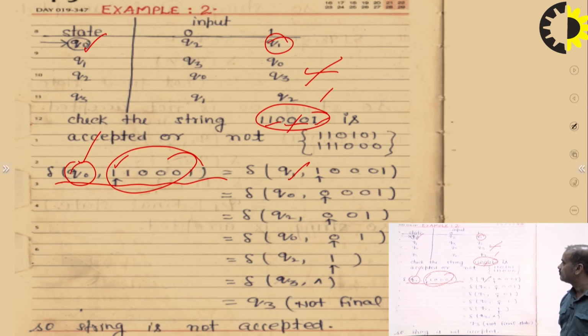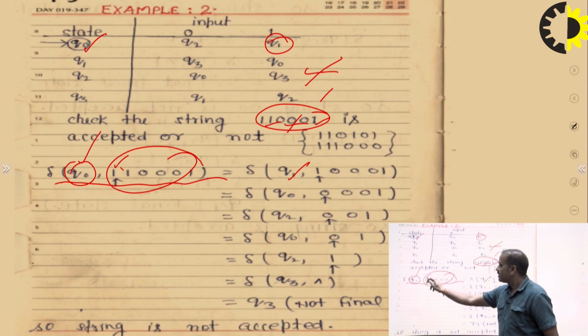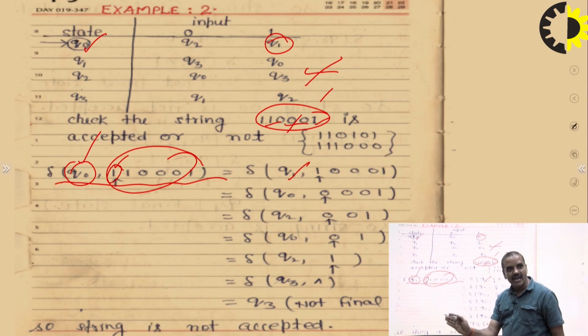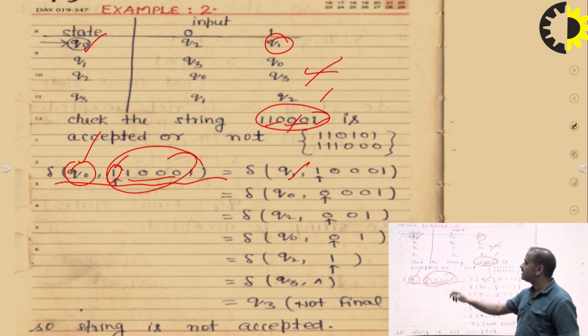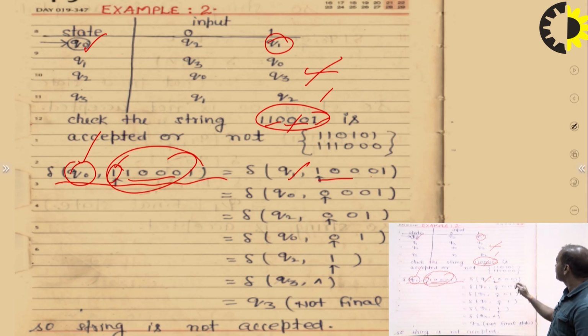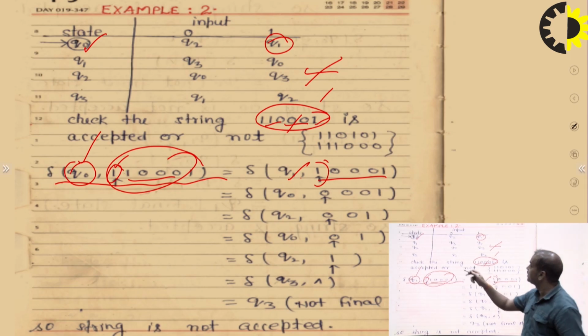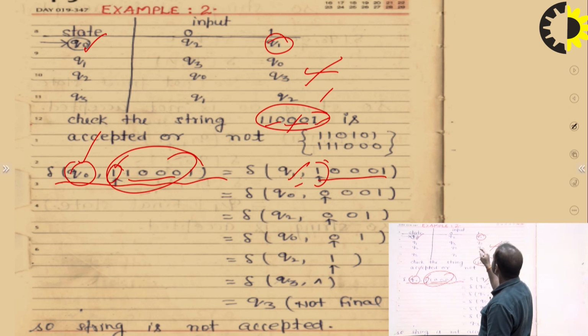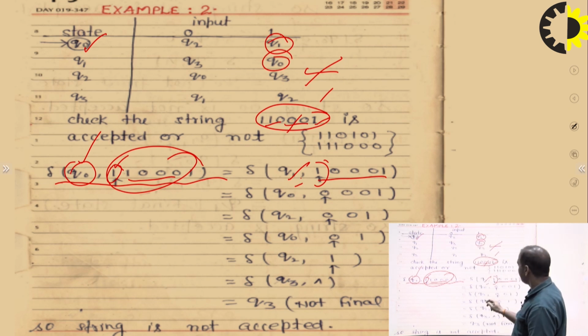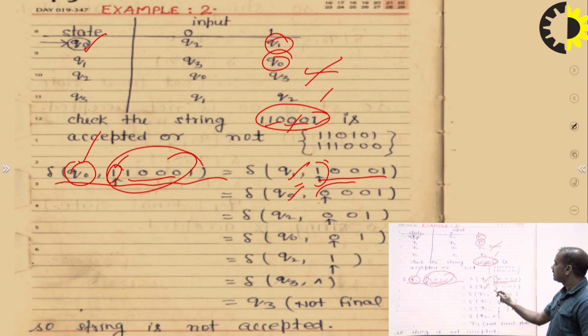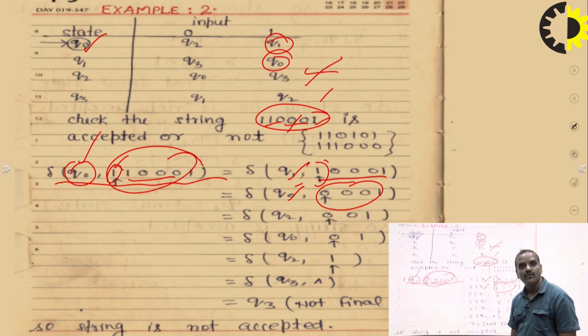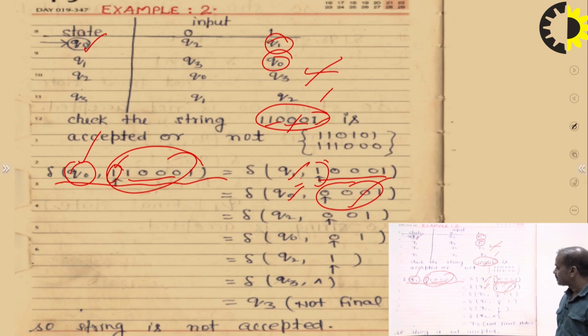Here we write Q1, and since 1 is processed, we leave it and write the remaining string, 10001. Now, state Q1, input 1. The next state is Q0. Here we write Q0, and after it the string which is left after taking input 1.